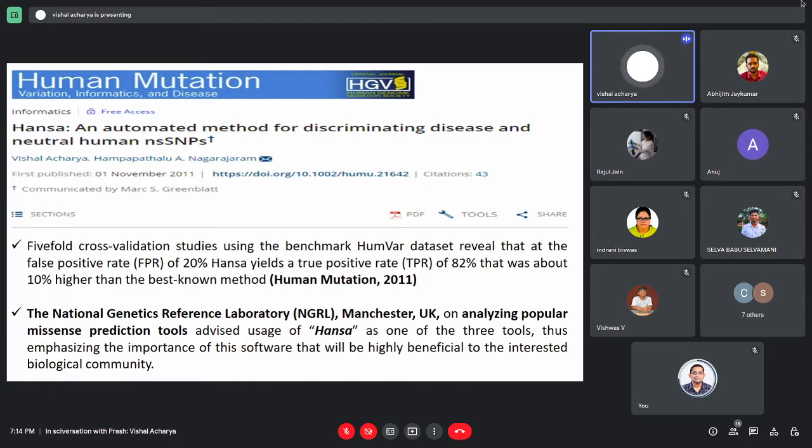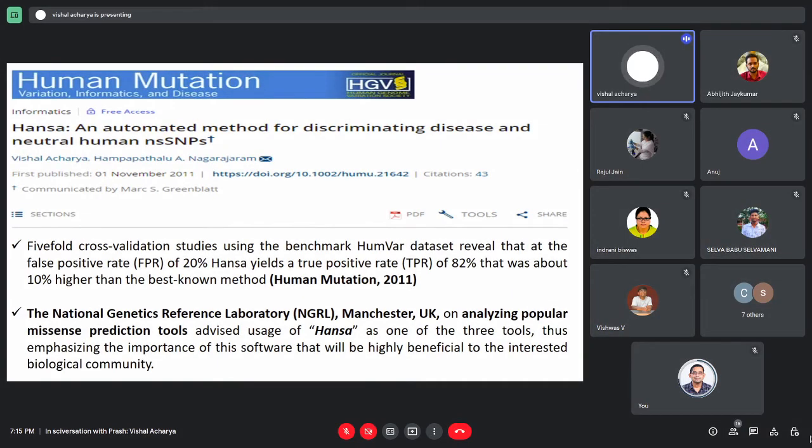What is important to me is that the National Genetic Reference Laboratory in Manchester, UK, analyzed our popular tool, Hansa. They suggested using this tool as one other tool.